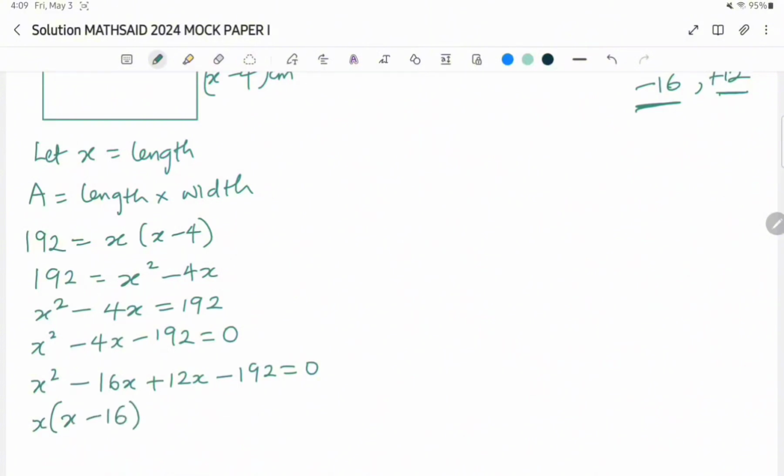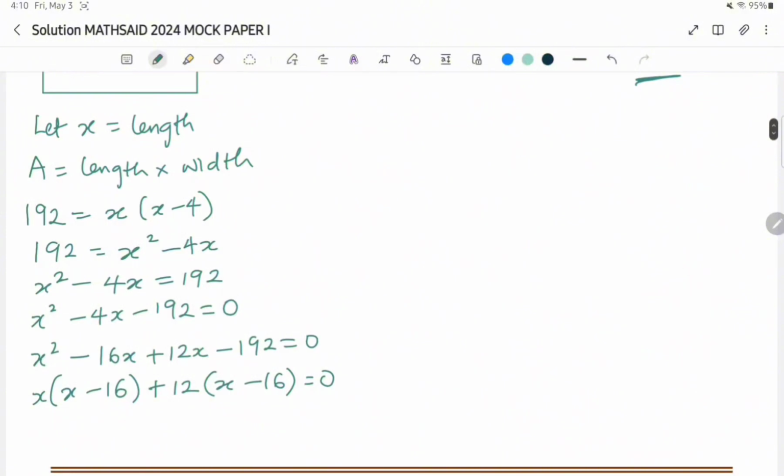The common factor to 12x and minus 192 is also 12. So I'll bring out that common factor, which is positive 12, and I'll have x minus 16 as well. So you now pick one of the brackets, which is x minus 16, then what you have outside the first bracket, which is x, and what you have outside the second bracket, which is positive 12, which is the same thing as what we got earlier.